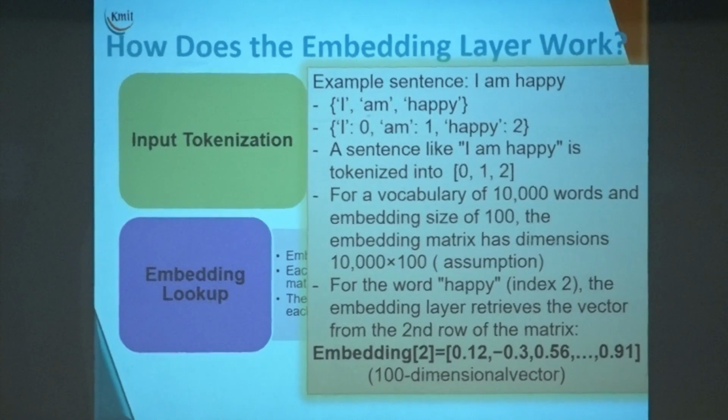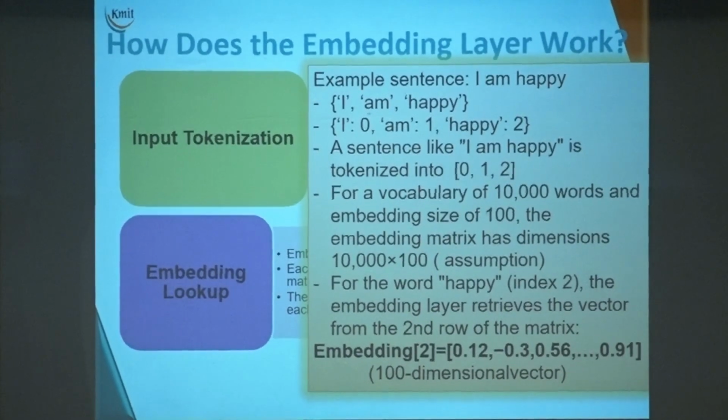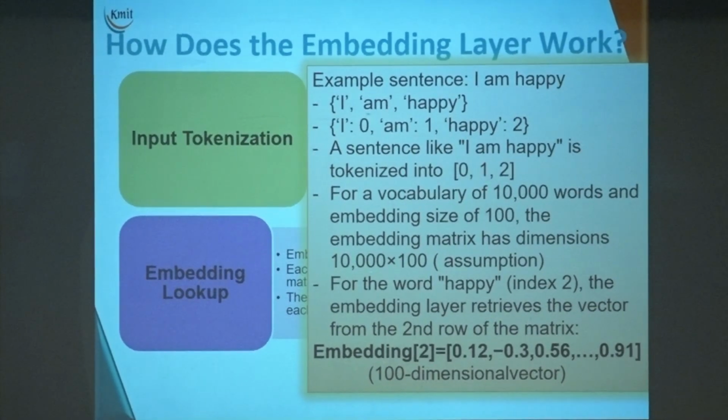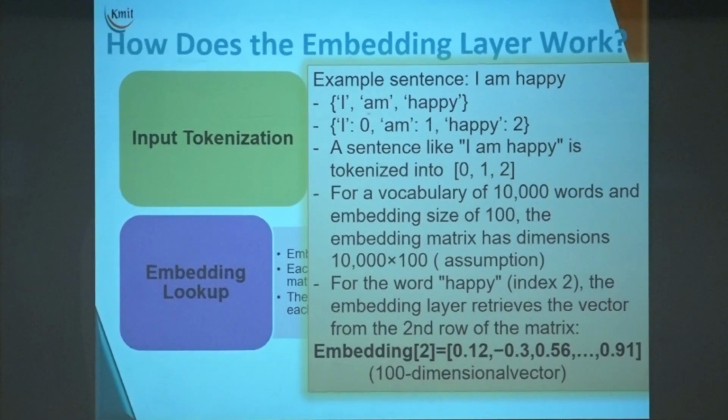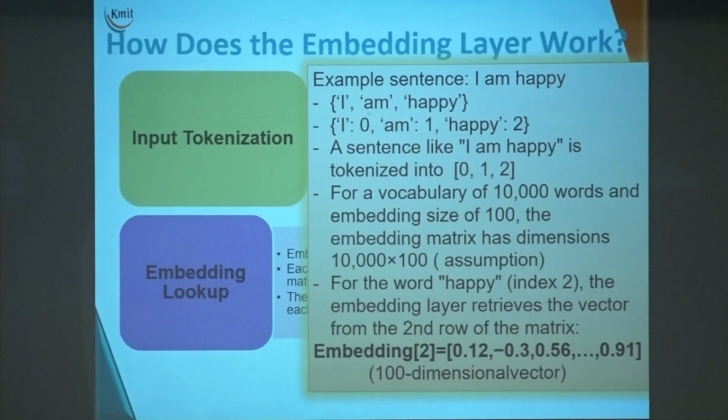For an example, here I have taken a very small sentence: I am happy. So first step is what? Tokenization. So what is happening in tokenization? The very first thing, you create the unique words that are present inside your given data set. So what are those unique words? Non-repeated words. Unique words here are I, am, happy. And then after that, in input tokenization, what is the next step?